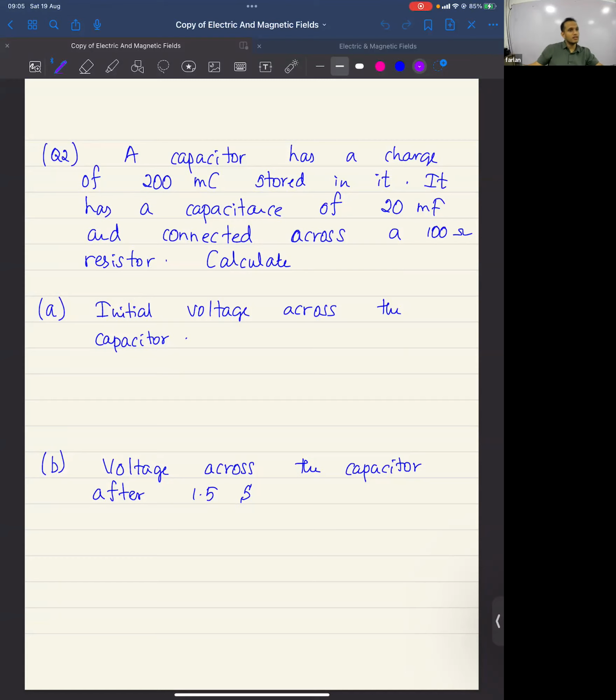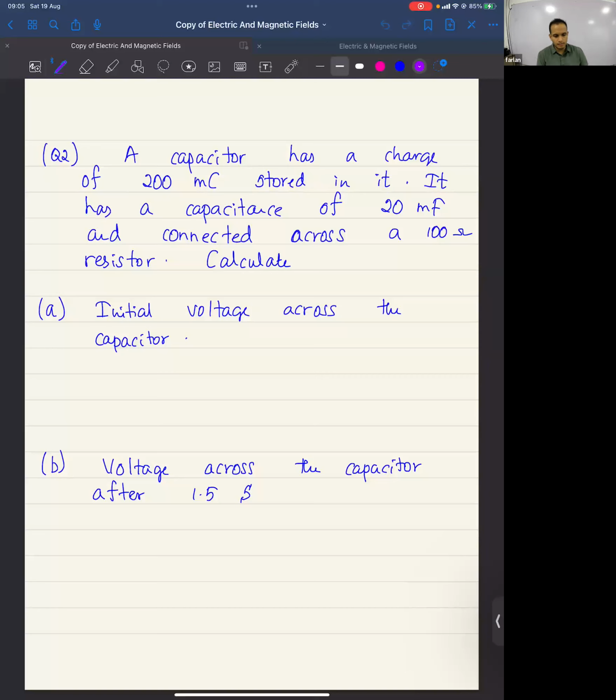And then we came up with this equation, Q equals Q naught e to the power minus t over RC. That RC product is known as what? Time constant. Very good. So the same equation is there for voltage and current as well.